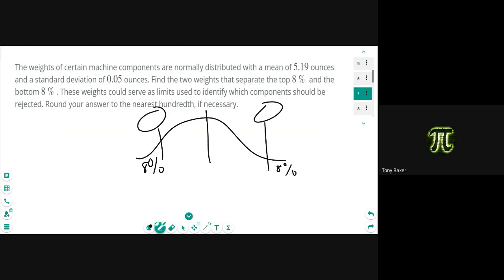So we are looking at our negative side, and we're looking for 0.08. And I have negative 1.41.